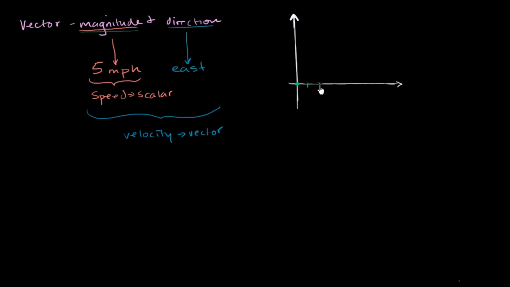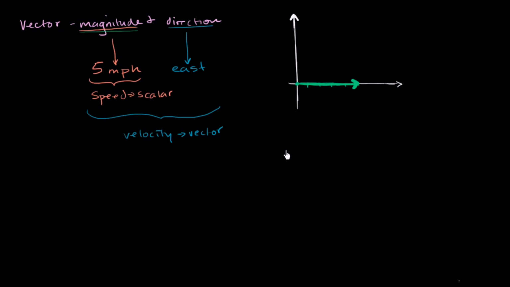So 1, 2, 3, 4, 5. And the direction that the arrow is pointed in specifies its direction. So this right over here could represent this vector visually. If we say that the positive horizontal direction is east, this would be west, that would be north, and that would be south.